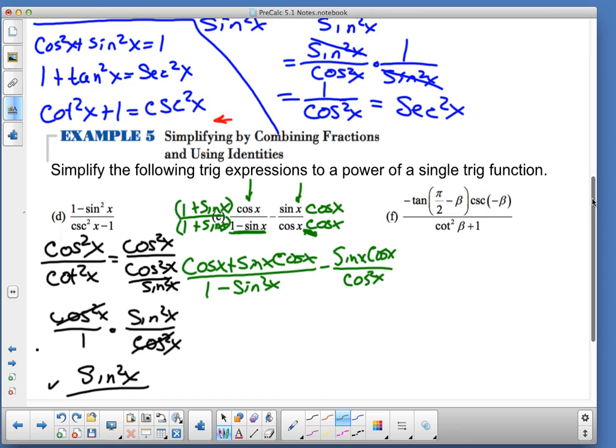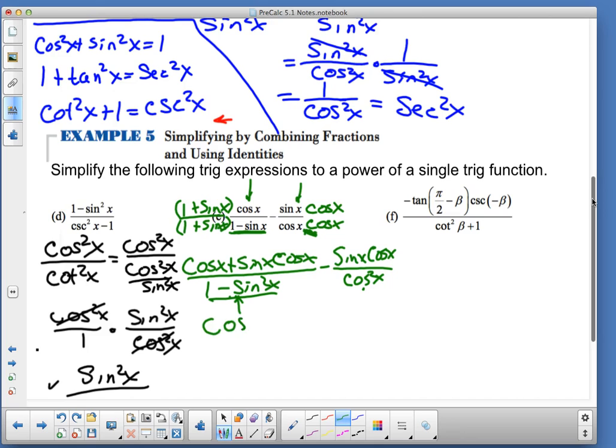Now, I'm going to explain why I did what I did. I knew that I could get this here by multiplying 1 plus sine x on top and bottom. And the reason why is because I wanted to combine the two cosine squared x's. So now I can substitute cosine squared x in for my denominator on this side and combine the terms.